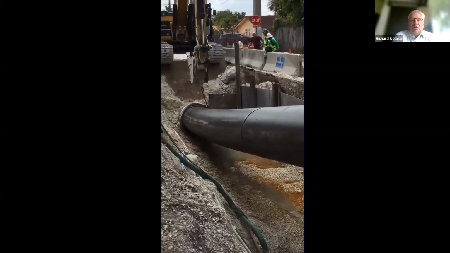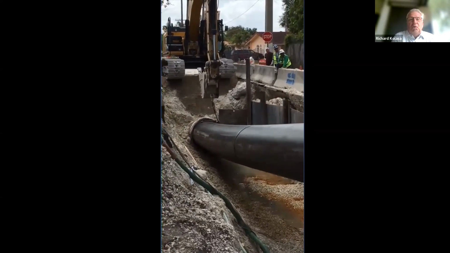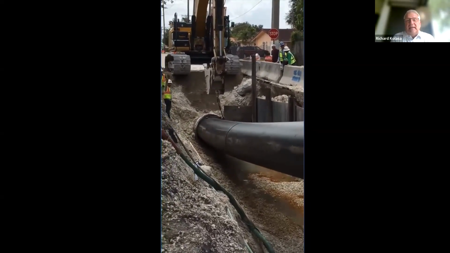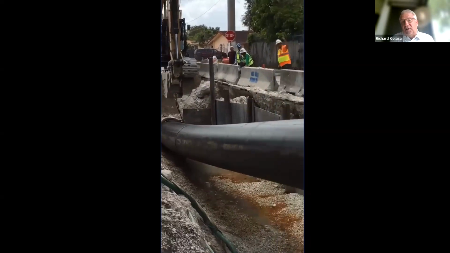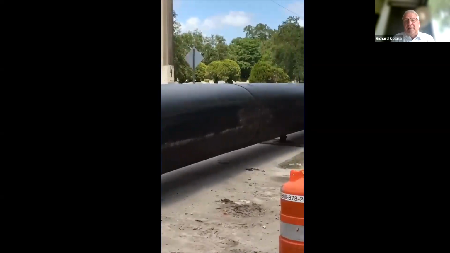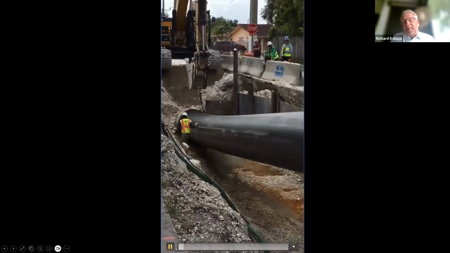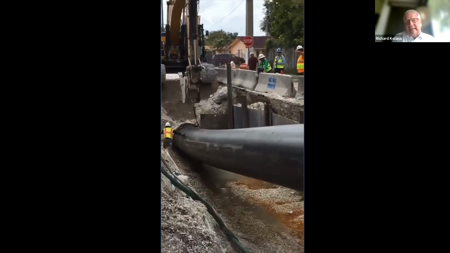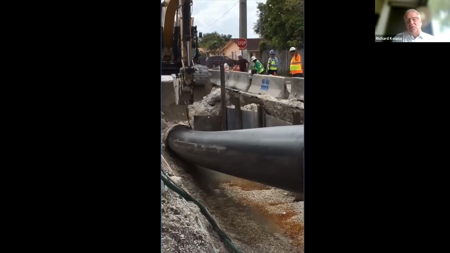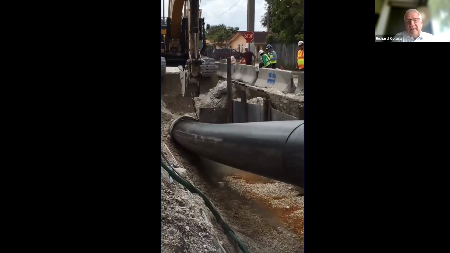So there was a question earlier about how long you can do slip lining, or what the maximum length is. And again, that depends on the host pipe as well and what kind of condition it's in. This is 54-inch diameter slip lining. There's a fairly small annular space that we attach to, but we were doing about 1,000 feet at a time. And it depends on where we were going, because there were some connections and also some manholes that we were going into.